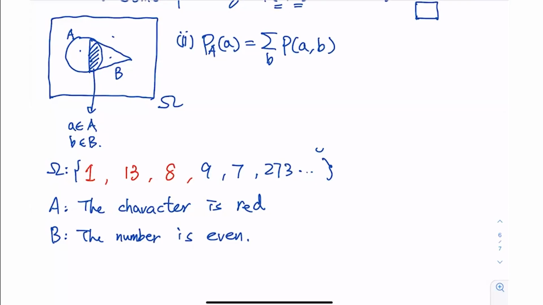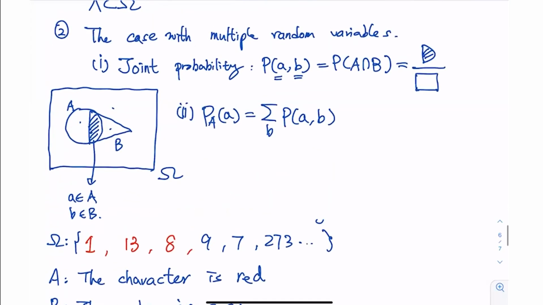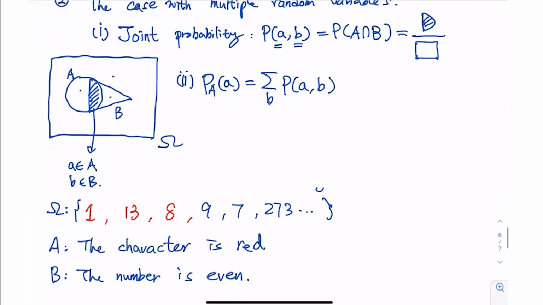So in the previous case, when we are talking about joint probability, we can ask the question like, what is the probability that we have a red odd number? Or we can ask, what is the probability to have a red even number? Or we can ask the question in other kinds of combinations.